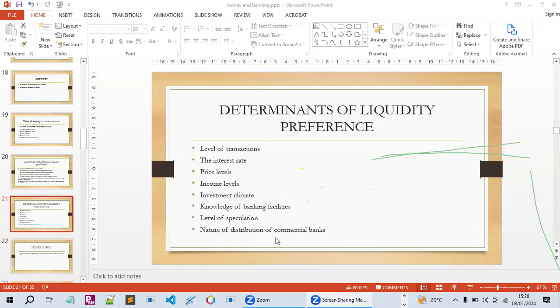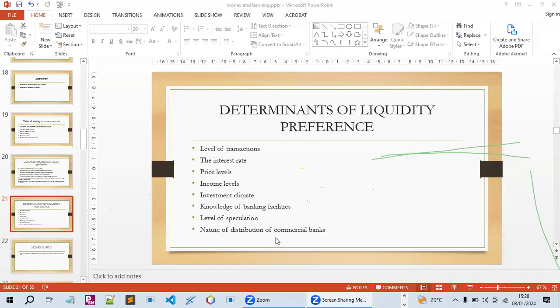The nature of distribution of commercial banks. If there is even distribution of commercial banks in an area, people will have knowledge of banks and will know how to use the banks, therefore they'll keep their money in the banks.